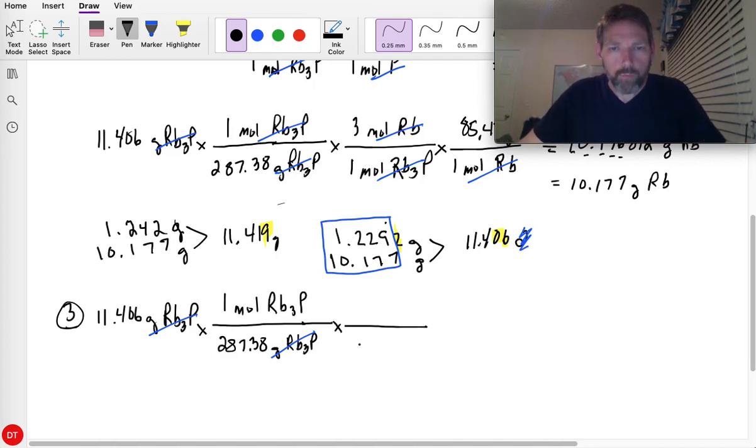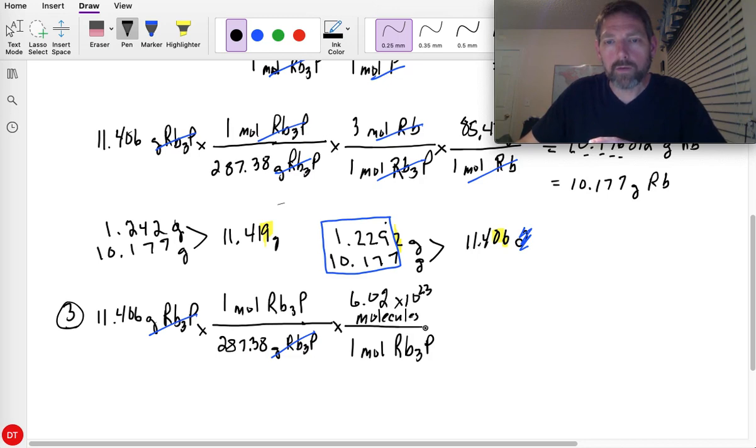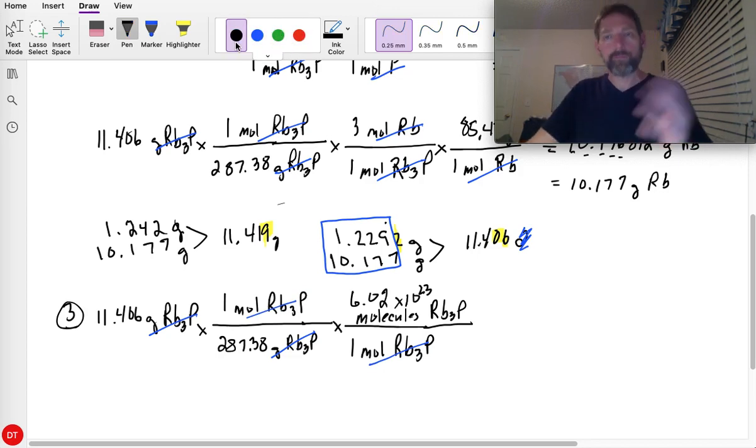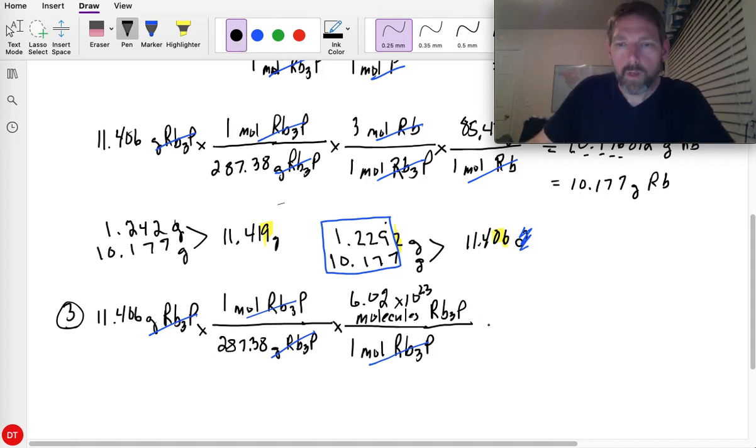So 1 mole of rubidium phosphide, 1 mole of anything, has Avogadro's number, 6.02 times 10 to the 23rd. In this case, it would be molecules of the substance we're working with, which is rubidium phosphide. Remember, a mole of humans is 6.02 times 10 to the 23rd humans. A mole of donuts, 6.02 times 10 to the 23rd donuts. Doesn't matter. All right.